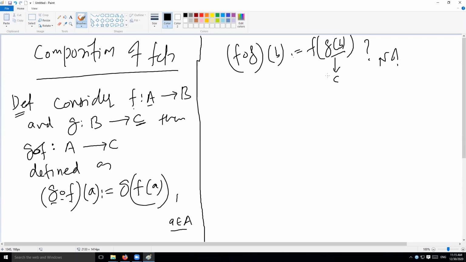The answer is not necessarily, because maybe C and A are two different sets.